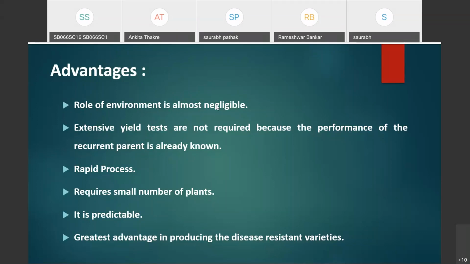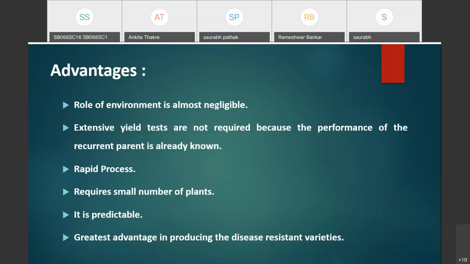Therefore the role of environment is almost negligible in the backcross method.